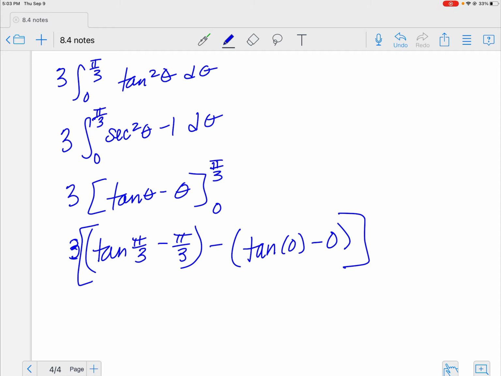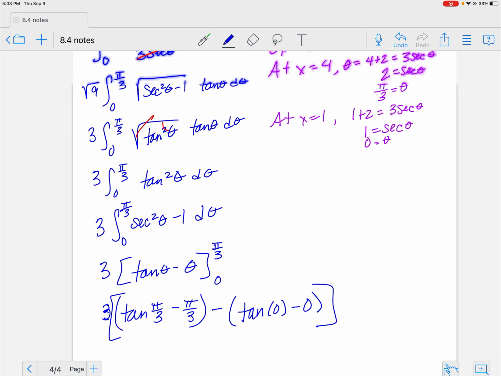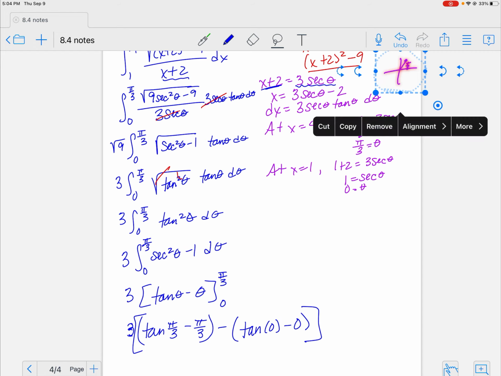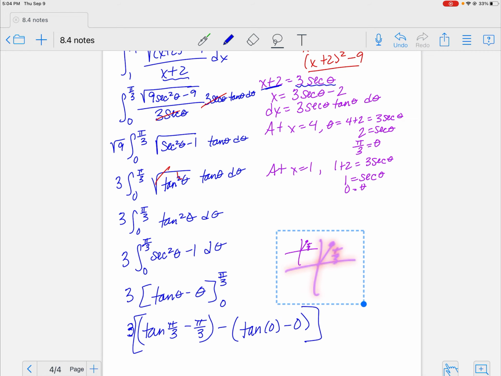But the tangent of pi over 3, let me squeeze this back in since I already did my unit circle up here. I barely did one. Let's bring it back down. Make it a little bit bigger. So at pi over 3, I know I have the coordinate point here of 1/2, square root of 3 over 2.